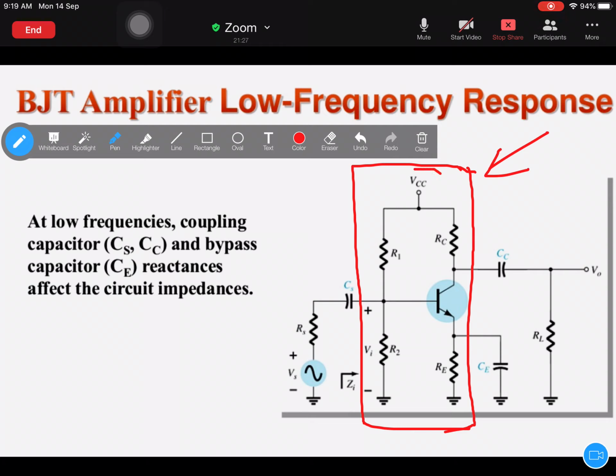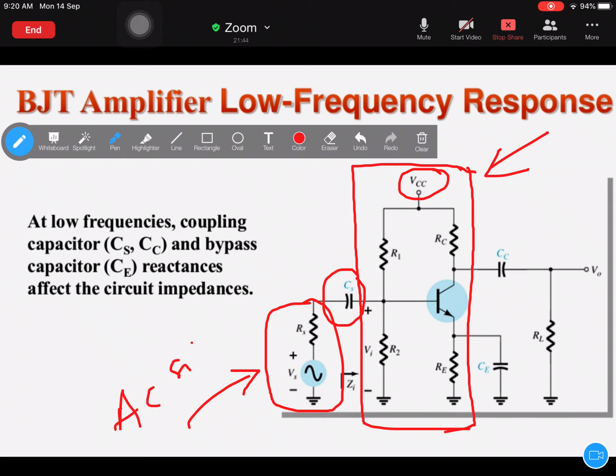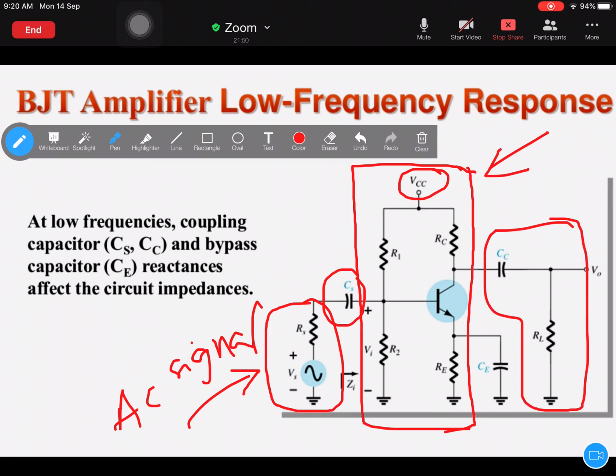This has a DC biasing voltage, which is VCC. Before that you have a coupling capacitor, and this is the source resistance and source voltage. This is the AC signal side. Similarly, at this end you will be taking the output. This is again a coupling capacitor at the output, and the load, at which you will be measuring the output voltage.